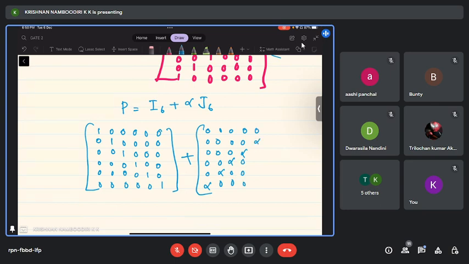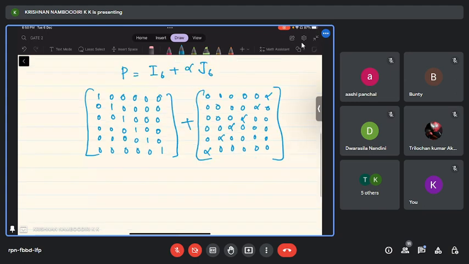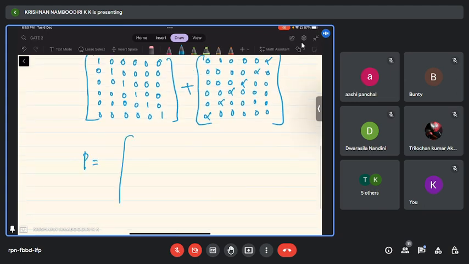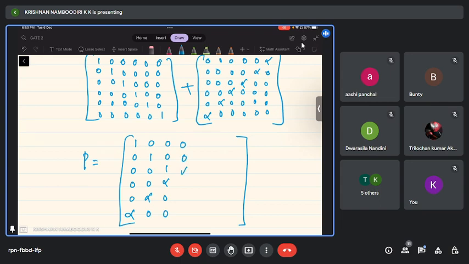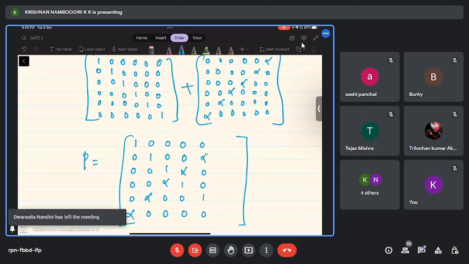Correct? If I make some mistake, please let me know. Okay. Yeah, this is alpha times J6. Now the sum P is equal to, it's a big matrix again, 6 cross 6 matrix, with 1s on the diagonal and alpha on the off diagonal.